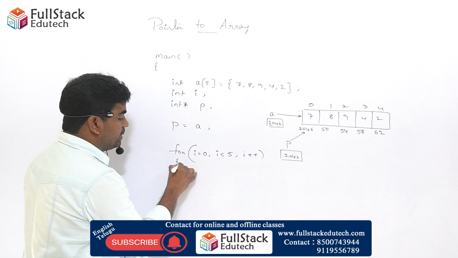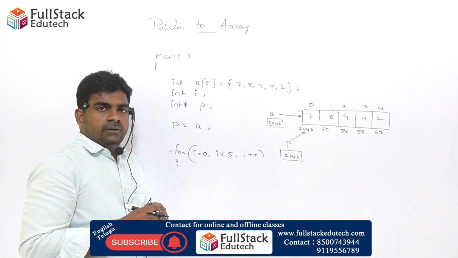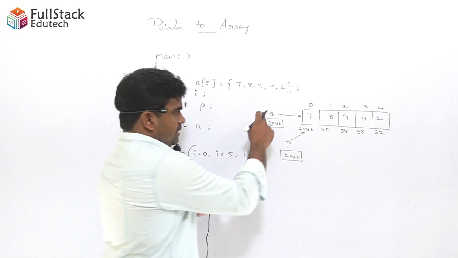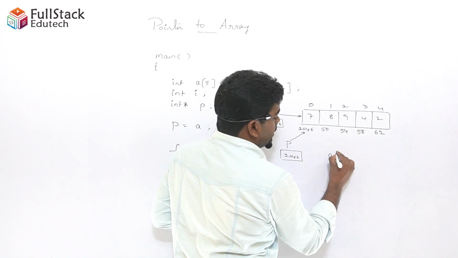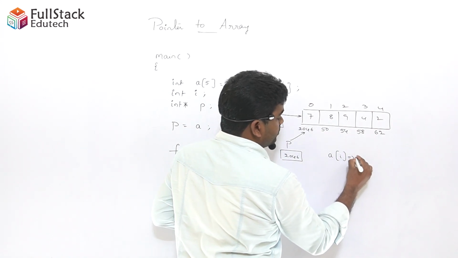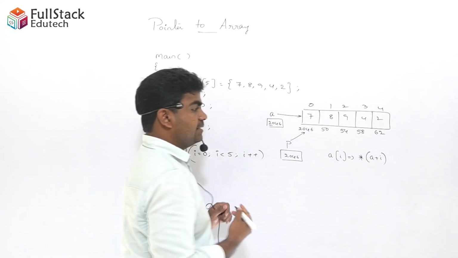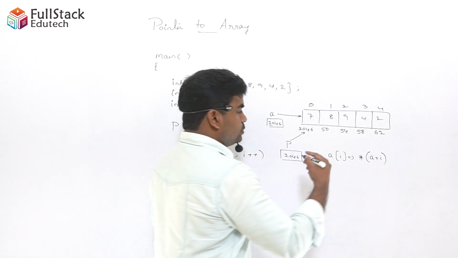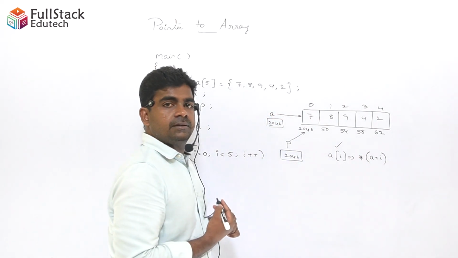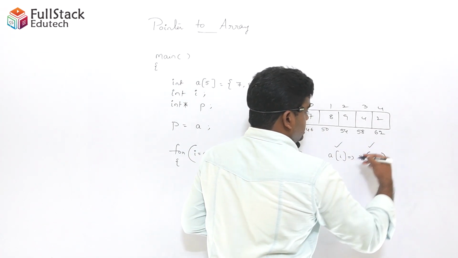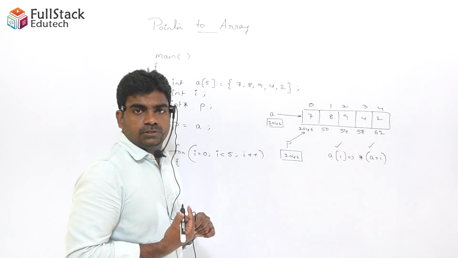Five times we repeat the loop. So then how can we access? We know already, if you access a of i, that internally converts into *(a + i). You can use this index based structure and you can access this pointer based structure also.